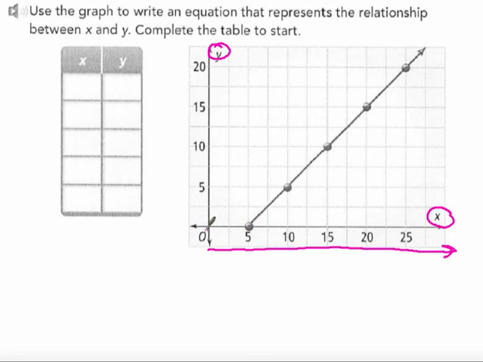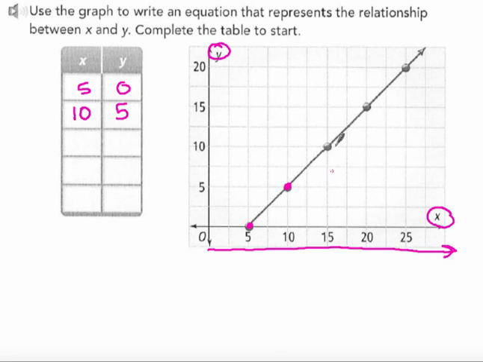Right here I have a dot. The X coordinate, I've gone over 5 and I've gone up 0. My next one, I've gone over 10 and I've gone up 5. So over is X is 10 and up 5.